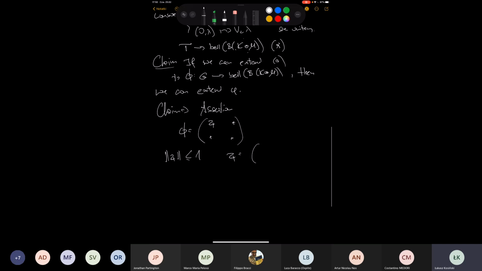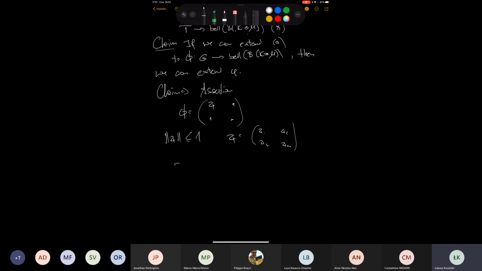And psi is of this form, psi 1, psi 2, psi 3, psi 4. So a good extension is psi 1 plus psi 2 times identity minus psi 4, minus 1, psi 3. This is a good extension of phi.